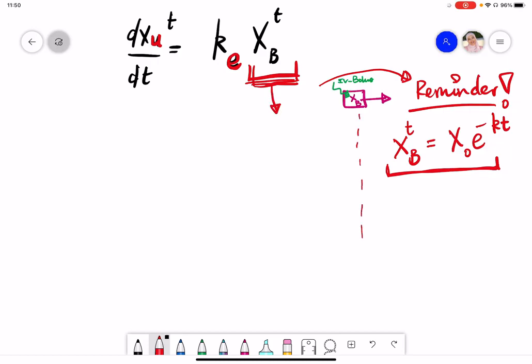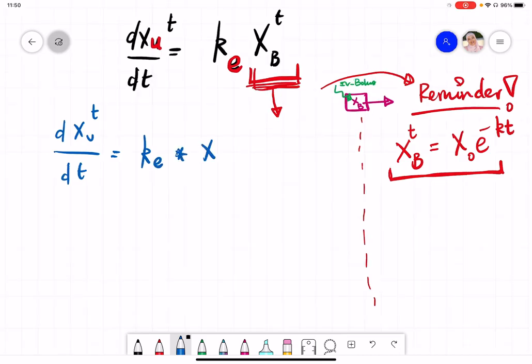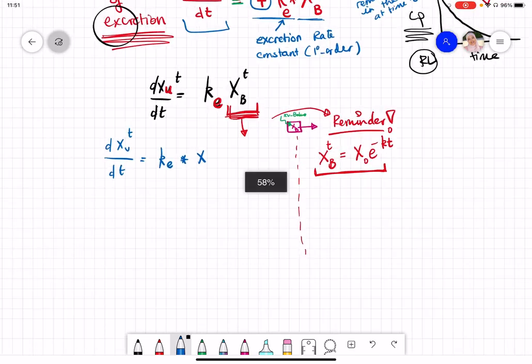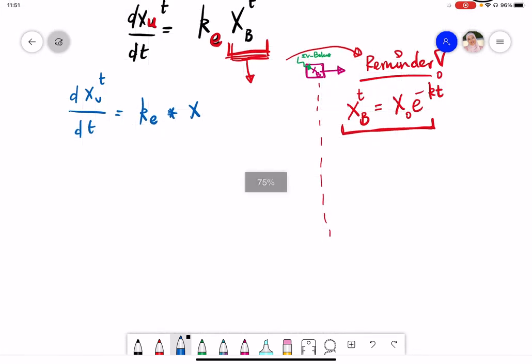Let's do it. So dXu over dt equals ke multiplied by the initial amount in the body, X0, multiplied by e to the power of minus k multiplied by the time, right?